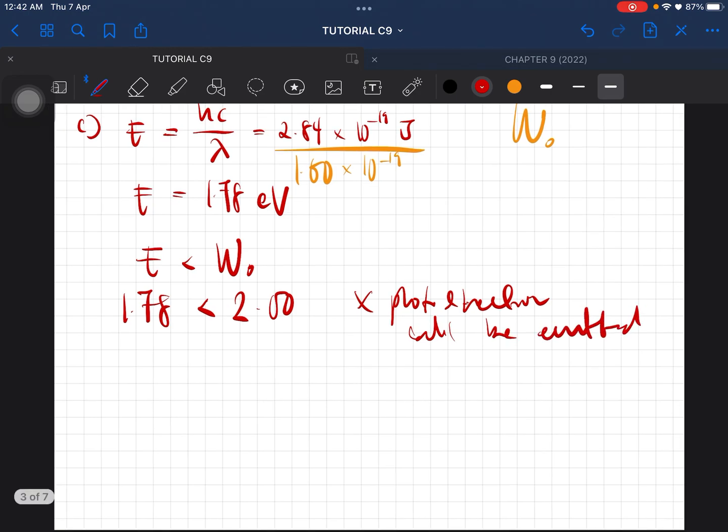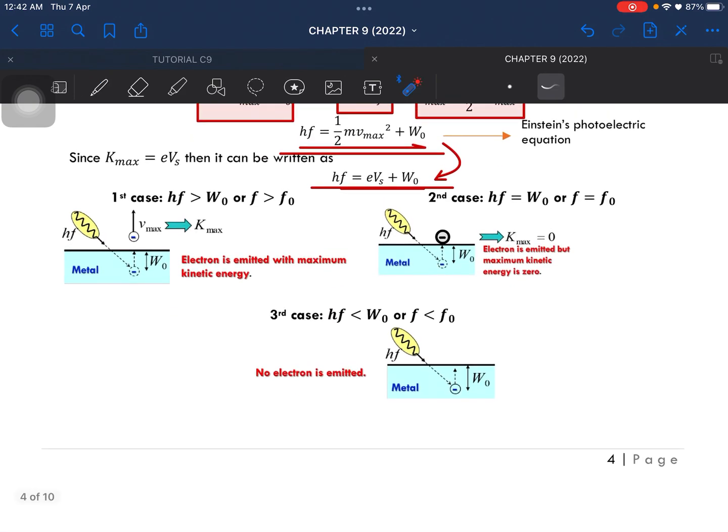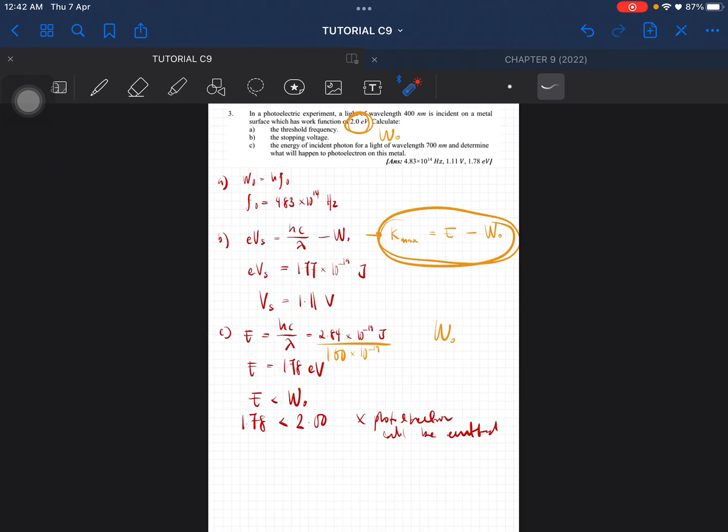So remember the 3 cases that I've included in these notes. If the energy is less than the work function, there won't be any electron being emitted. Okay, all right, so that is the solution for number 3.